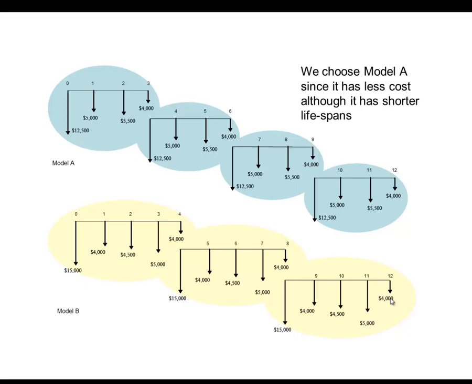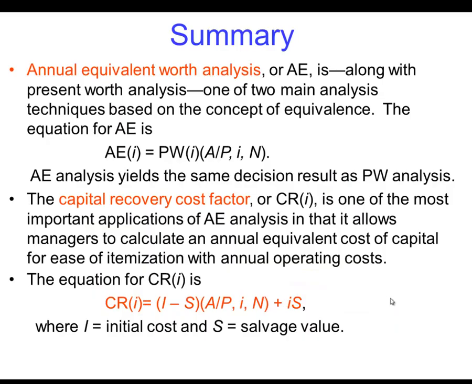Although we will replace model A 4 times, while we replace model B 3 times only, we can see that the first model, model A, although it has shorter lifespan, is less cost and will be a better choice to go with than model B.